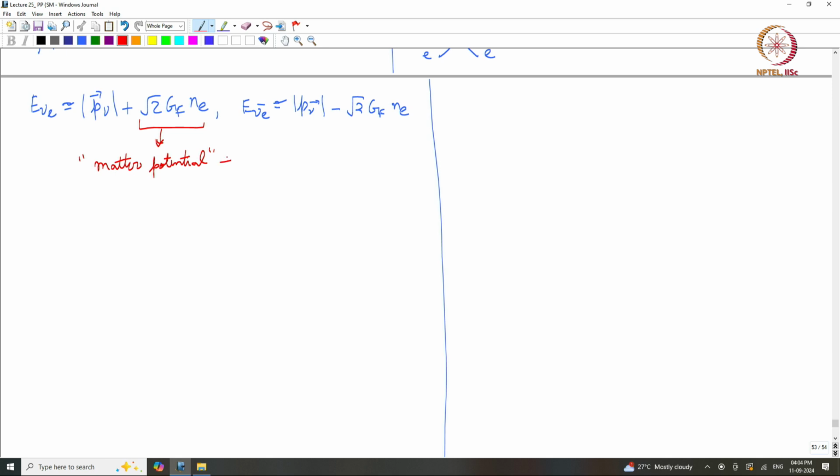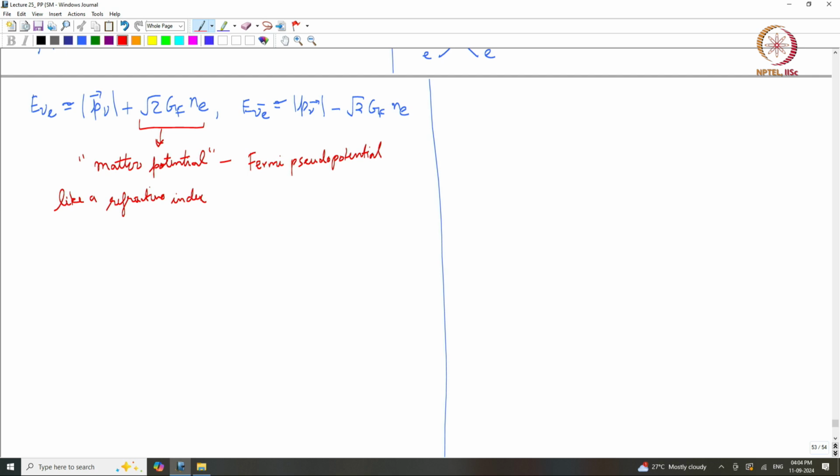Technically, this is a Fermi pseudo potential. It is not really a potential, that is why it is a pseudo potential, and it is technically called Fermi pseudo potential. Basically, this is like a refractive index. Some people would argue this really is a refractive index.